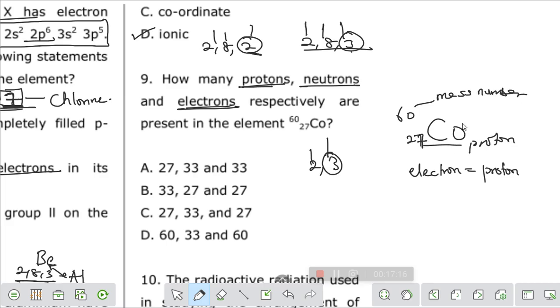And because this thing is neither losing nor gaining electrons, it will be equal to the number of protons. Now to get the number of neutrons, you just have to say 60 minus 27, that will be 33. So that will be your number of neutrons. So 27, 33, 27. That will be your option C. I hope you guys are getting something. So that's just how to get the answer.